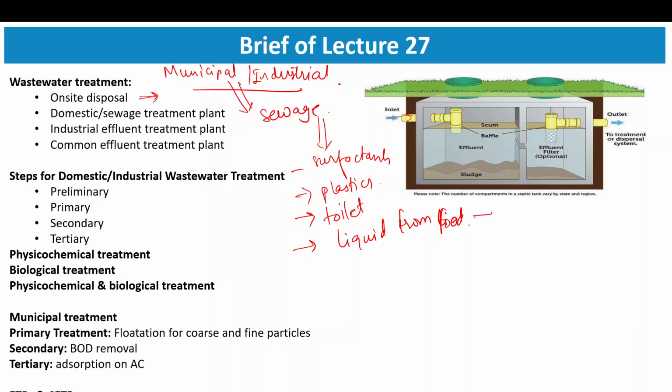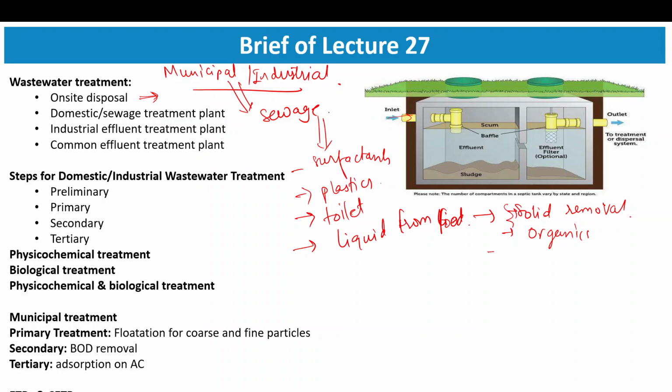So here, a sewage treatment plant mainly requires solid removal, then organic removal, because whatever waste is coming from the toilet, or liquid from food waste, or some pesticides or insecticides which have been coated on vegetables, they also get washed away with water, and all such are organics.